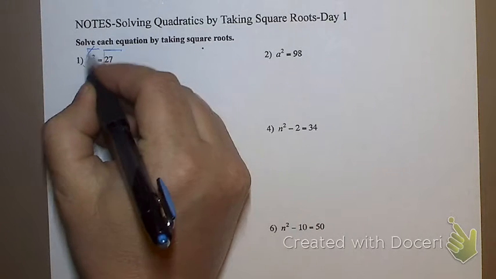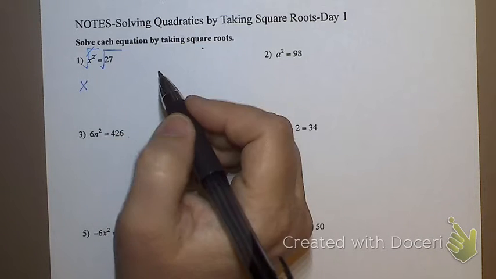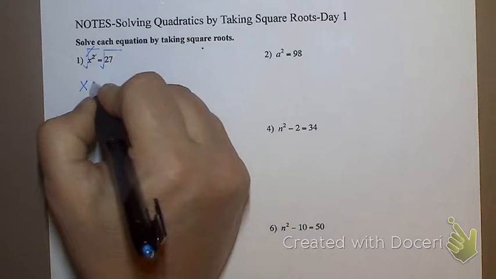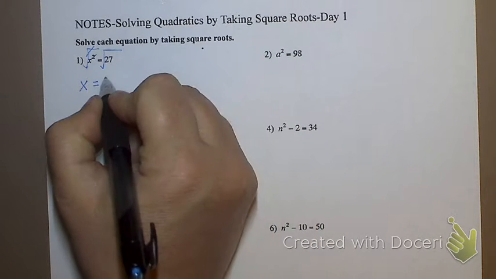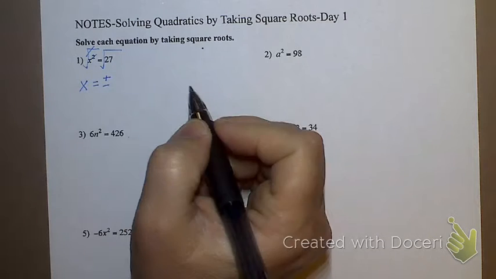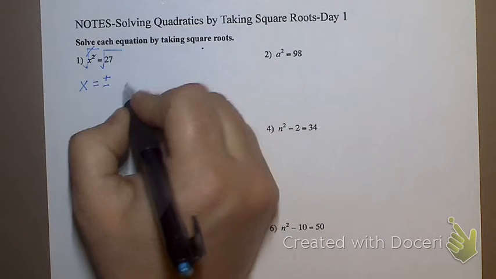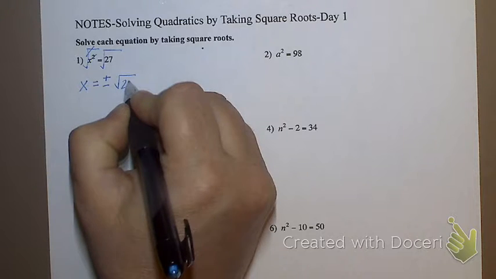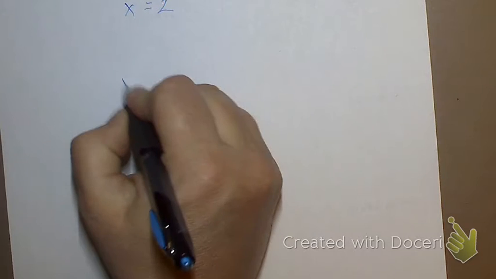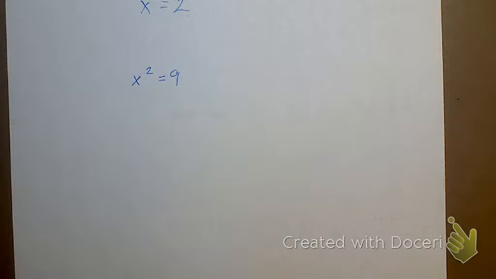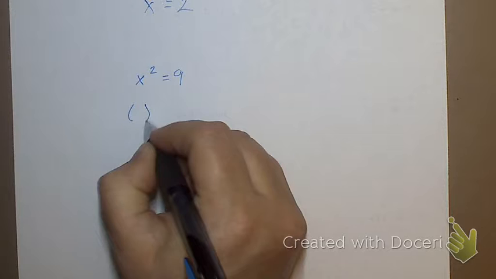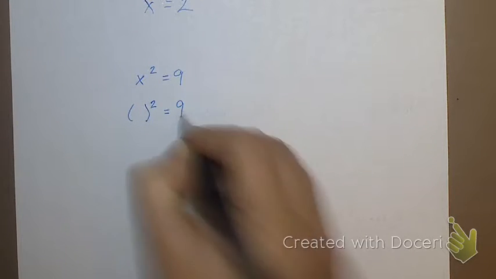Now, the biggest thing you need to remember when you are taking the square root is, does anyone know what I'm going to say here? You have to put a plus and a minus into the problem. But why? Let me give you a simpler problem and I'll see if that can explain it. If I have x squared equals 9, ignoring what I just said about taking the square root of both sides, what this question is saying is, what number, when you square it, gives me 9 as an answer?